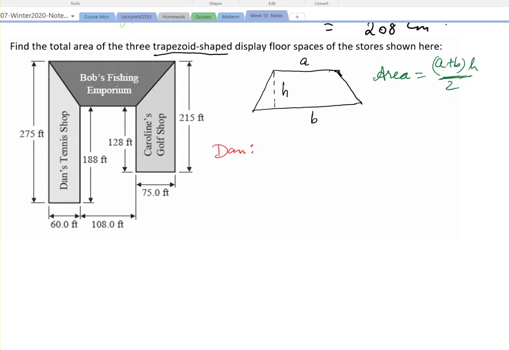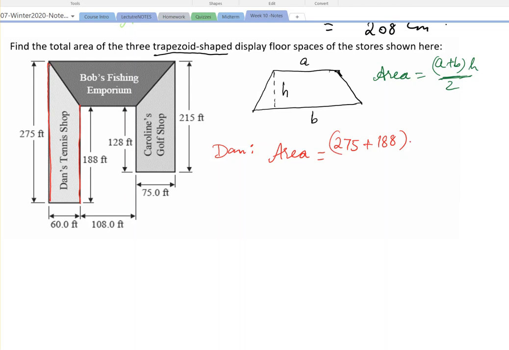First, we're going to talk about Dan's tennis shop. Using the area formula, we take the sum of the parallel sides, the sum of this side and this side, so 275 plus 188, times the height.